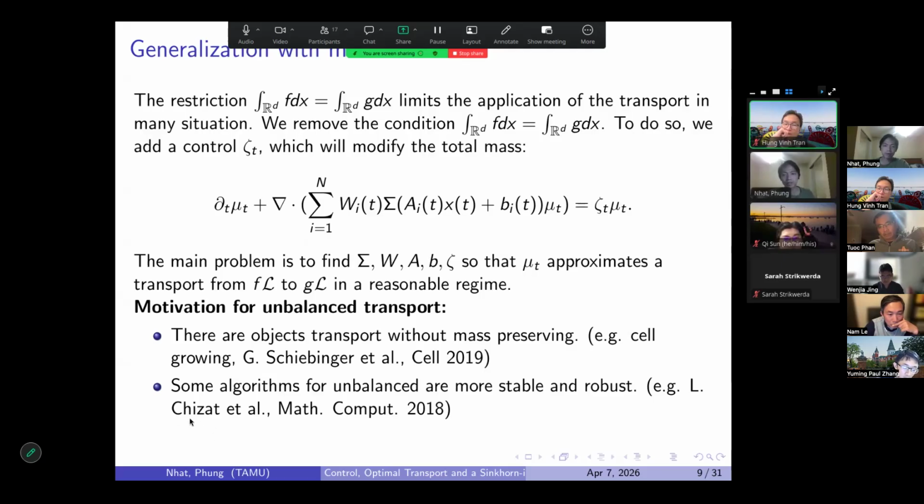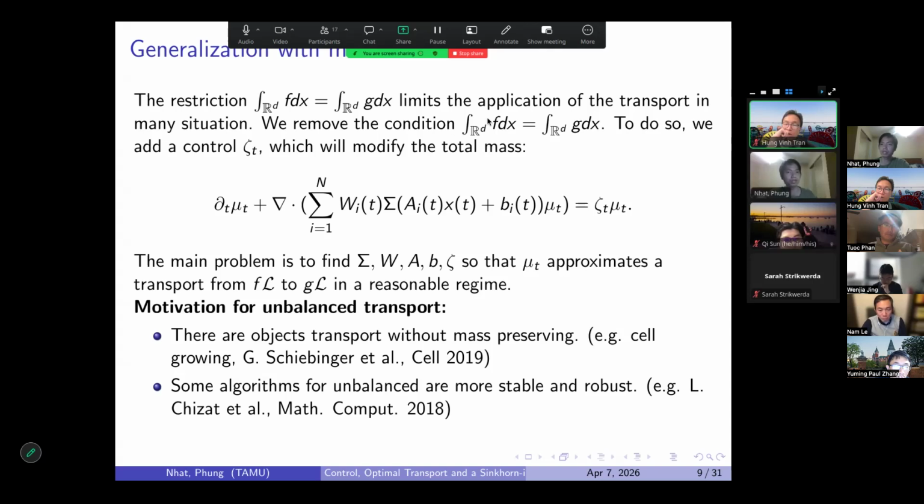Others, for example, in 2018, also noticed that a lot of people were trying to do unbalanced transport, and he devised some algorithms with the Sinkhorn algorithm to try to solve optimal transport for the unbalanced case.